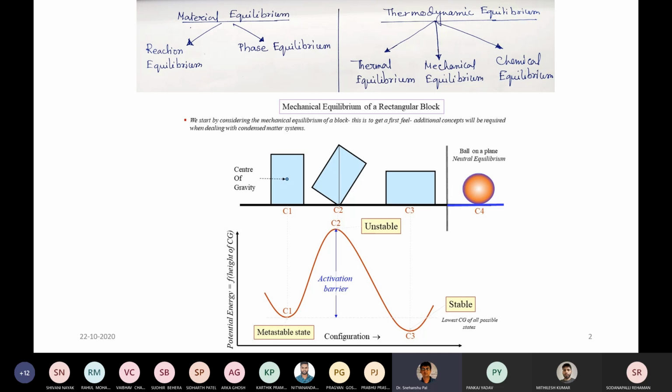If you really want to understand what equilibrium is, it talks about the state where there is no gradient of a certain potential parameter. So if you want to understand different types of equilibrium, you have to identify which parameter gradient is important for the corresponding equilibrium phenomenon. Now in the picture, we are representing the mechanical equilibrium of a rectangular block.